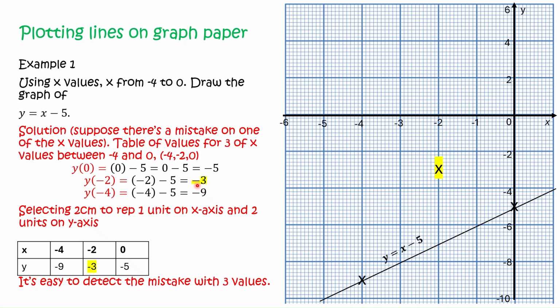Let's take a look at this scenario. So we have one of the points being wrong. In this case, we know which point is wrong, and I've highlighted it with a yellow. So when you now come to plot your line using your ruler, you would see that you've got 3 points, but the 3 points are not connecting to a straight line.